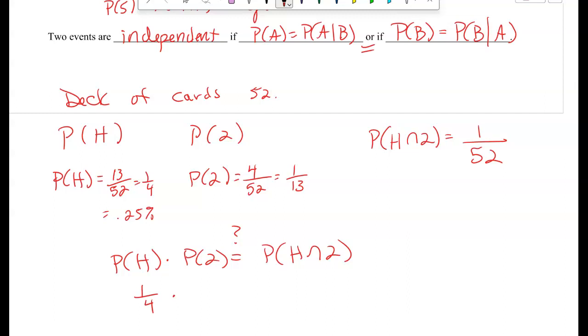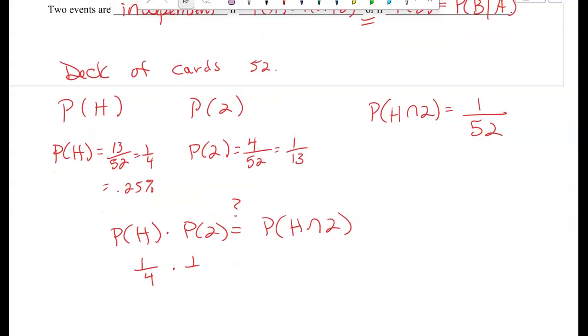What's the probability of pulling out a 2? Okay, 1/13. Probability of a heart and a 2, or 2 that's a heart, I guess, is 1/52. Do these two multiply together to be 1/52? Yes. So, are these independent or dependent? They're independent of each other.